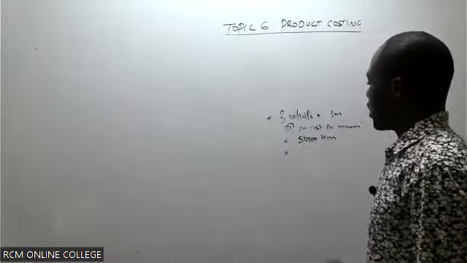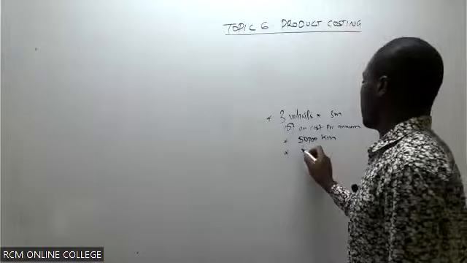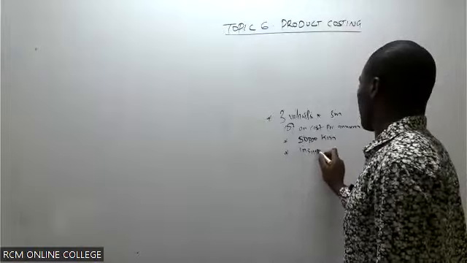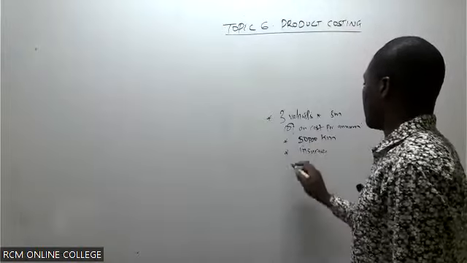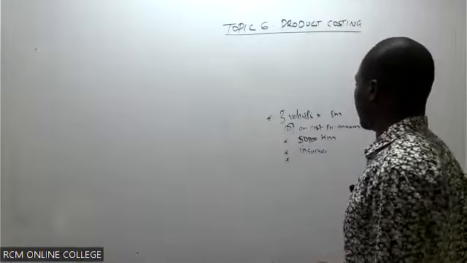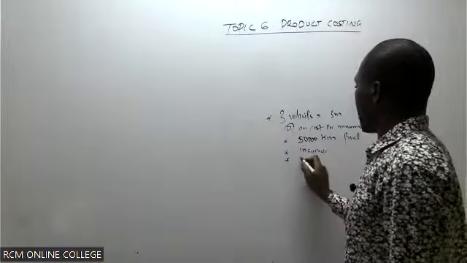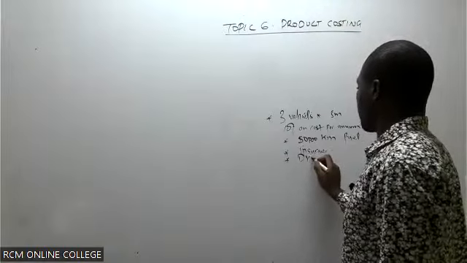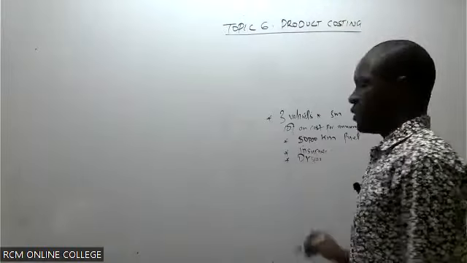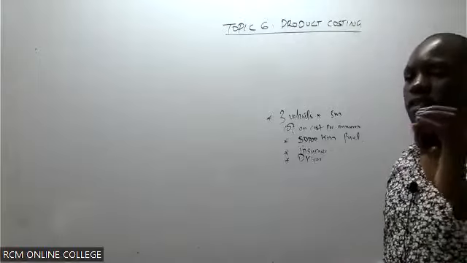These vehicles are going to have insurance. They're going to take insurance cover. So you're going to have fuel consumption. Here, you're going to employ drivers who will be paid at the end of every month.